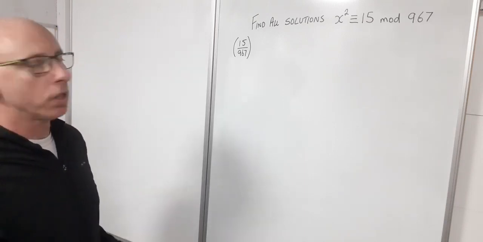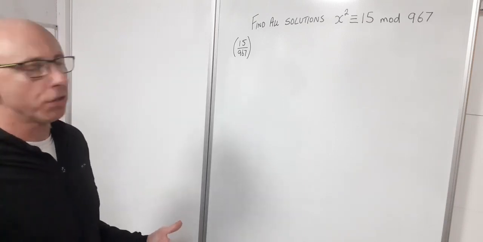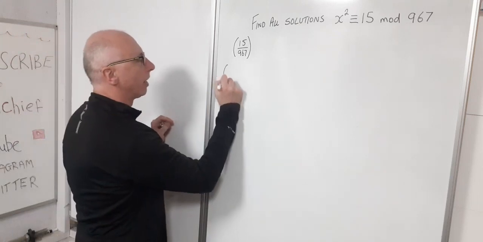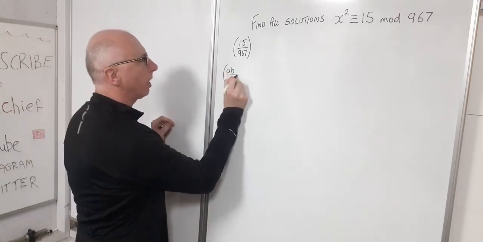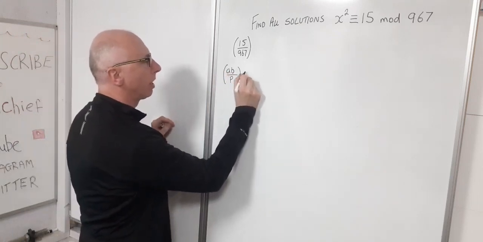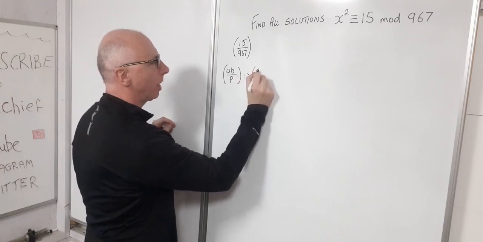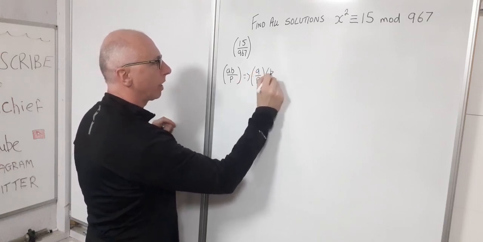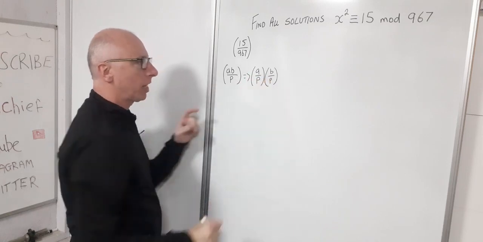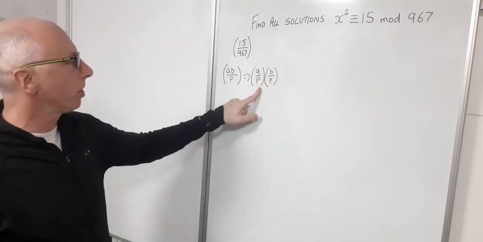Now, using the laws of the Legendre symbol, we can say that (ab over p), for a prime number p, is the same as (a over p) and (b over p), and then we take the product of those two Legendre symbols.